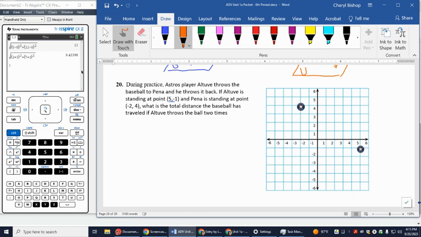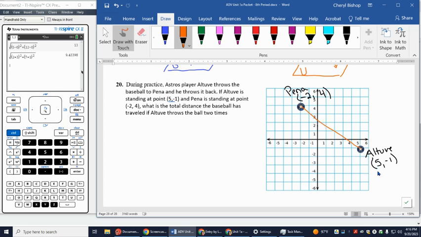All right, so when I look at this one, Altuve is here at (5, -1). Pena is up here at (-2, 4). I need to figure out how far they are. How far is he throwing the ball when he does this?